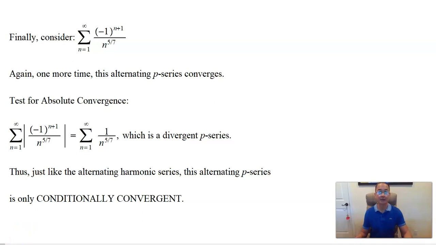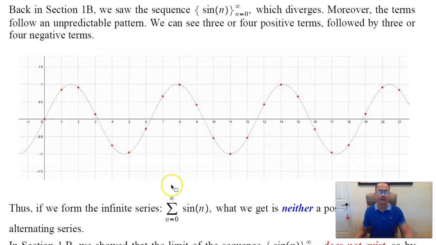We're going to go to our PDF. So I started the section in the PDF talking about a sequence that we saw in section 1b, where we looked at sine of n from 0 to infinity. Here's the sine function, the sine wave: 0, pi over 2, pi, 3 pi over 2, 2 pi, and so on.